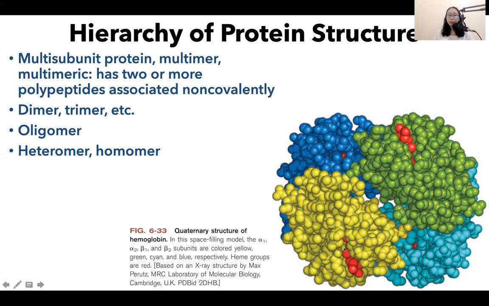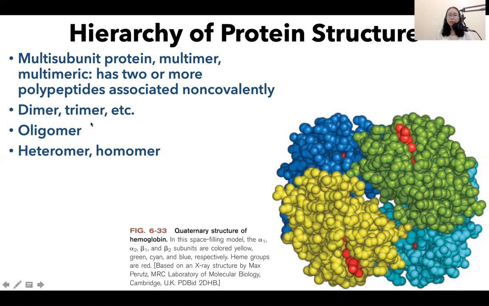Okay, so the yellow and the green, these are the two alpha chains. And the blue and the cyan, these are the two beta chains. So here are some terms associated with proteins displaying quaternary structure.